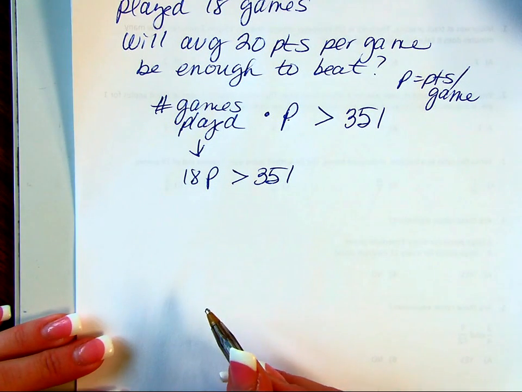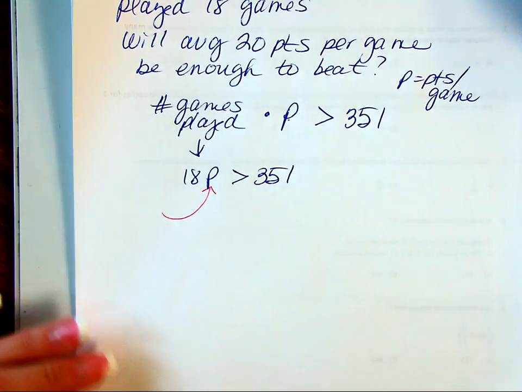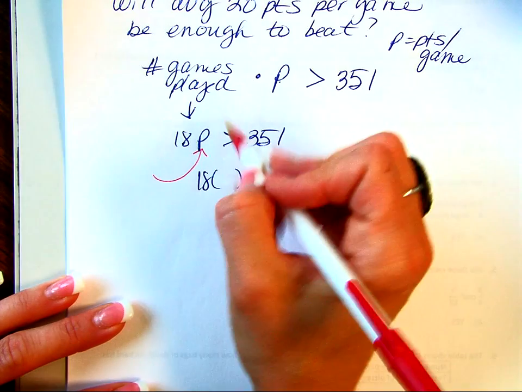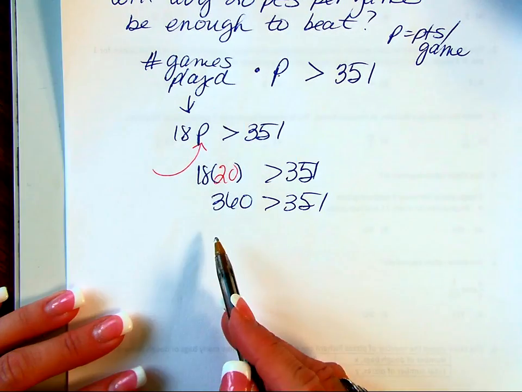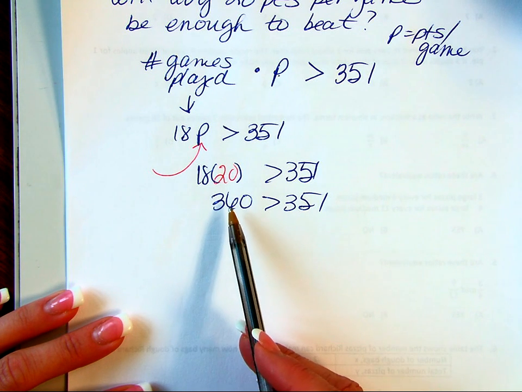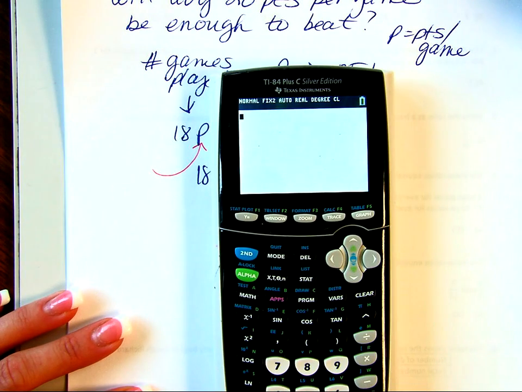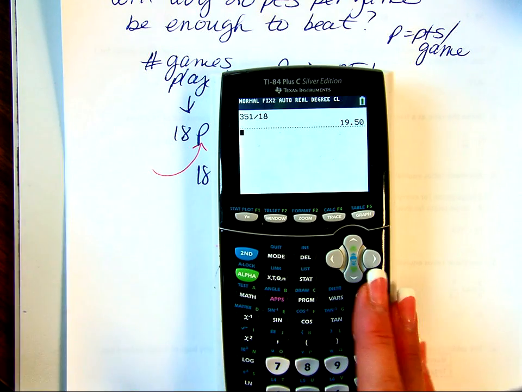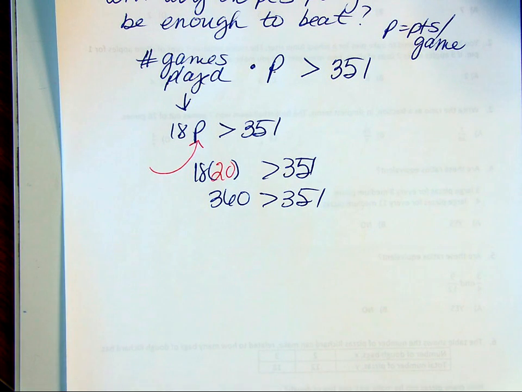So if I put 20 right there, because that's what the question was asking, 18 times 20 equals 360. Is that greater than 351? Yes. So this year, if he scores 20 points per game, is that going to beat his record from last year? Yes. And how could you figure out his average record from last year? He scored about 19 and a half points last year. It's just an average when you average like that. Does this make sense?